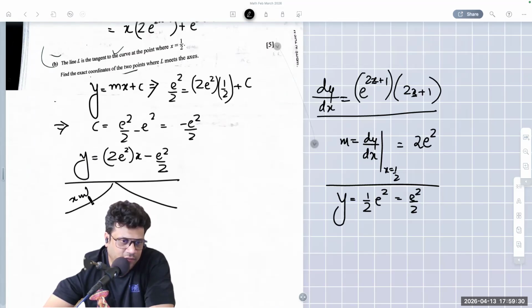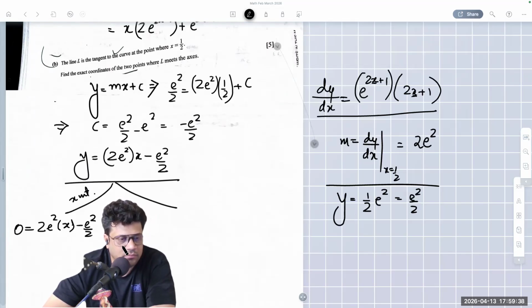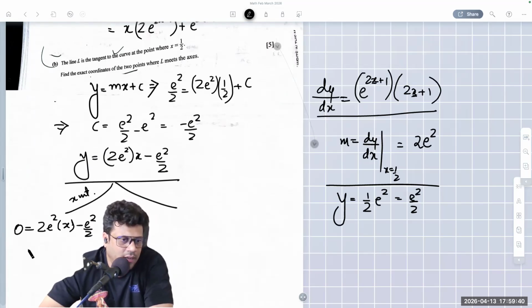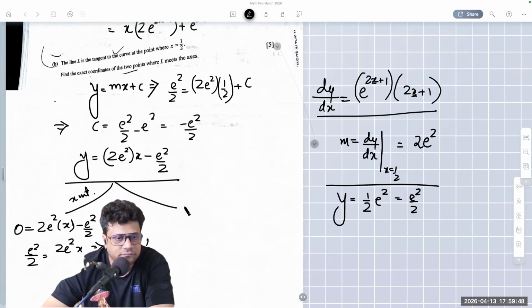Let's go figure out the x-intercept. That's when y is 0. So 2e square into x minus e square by 2. Now e square by 2 equals 2e square x, which means x is 1 by 4.